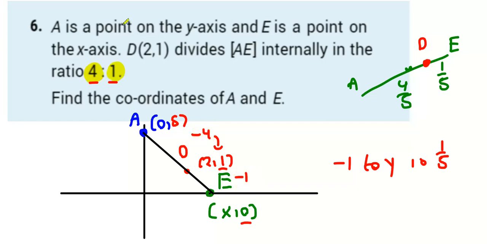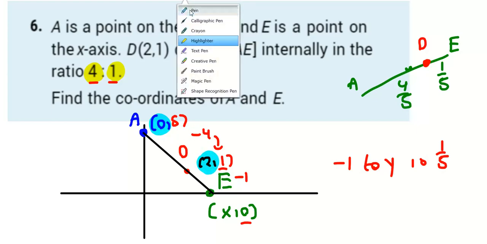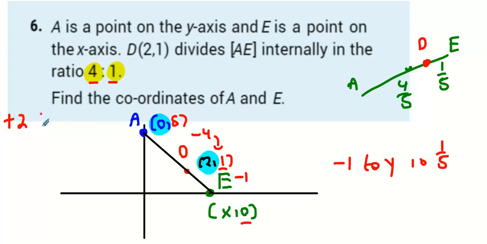I think there was one exactly like it at the weekend in the other book. Okay. Now, what about the x value? What do we do here? I'm going to do this one here. 0 all the way to 2. 0 all the way to 2 is what? +2 to x. All right.